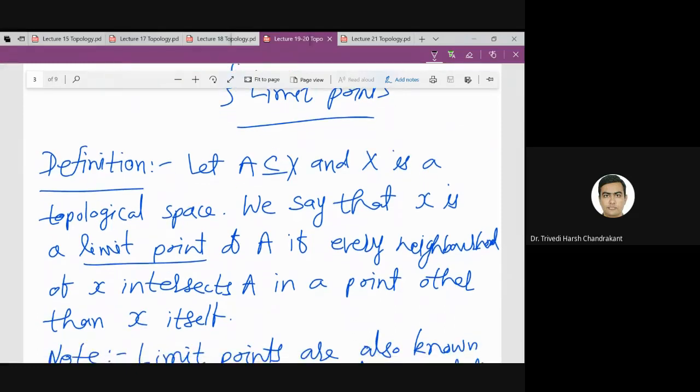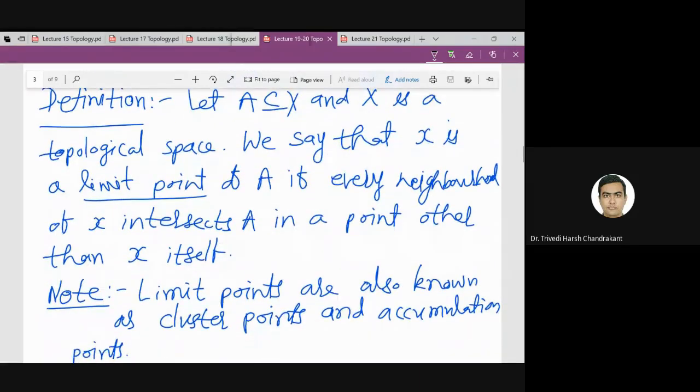So, x is a limit point of A if every neighborhood, and neighborhood means open set, so every open set containing x intersects with the given set A. Then we say x is a limit point of A. Here the important thing is that other than x, the neighborhood intersects with A in a point other than x.